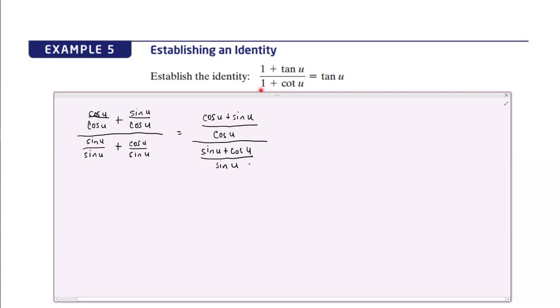Okay, so this is going to pay off here when I flip and multiply. So I'm going to end up with a cosine u plus sine u times the sine u. All right, so that brings up here and multiplies. And then this cosine u is going to be multiplied by this on the bottom. So I've got a cosine u times a sine u plus a cosine u.